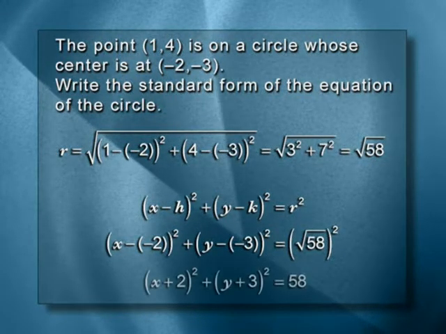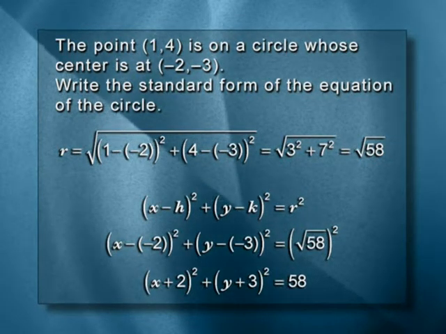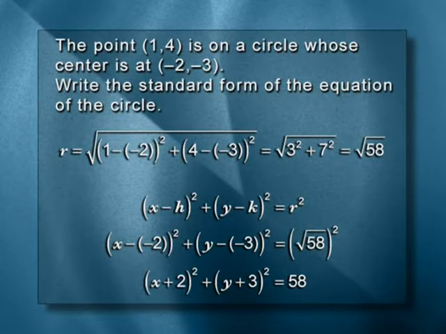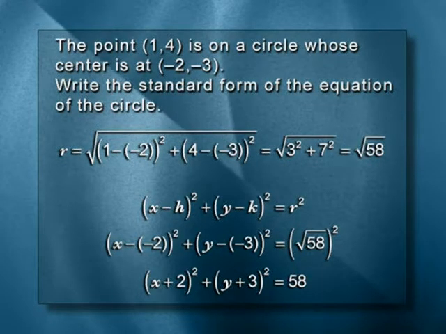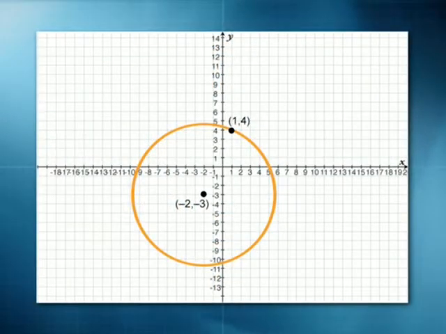And so the square root sign disappears, and you're left with x plus 2, minus makes plus. So x plus 2 squared plus y plus 3 squared equals 58. There's your final equation of that circle. Okay, here's a picture of it.